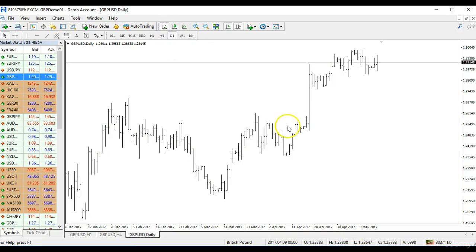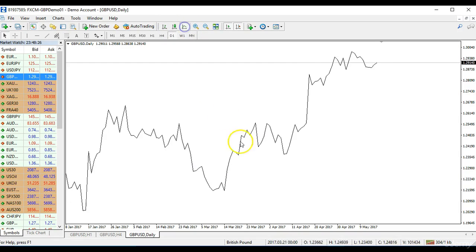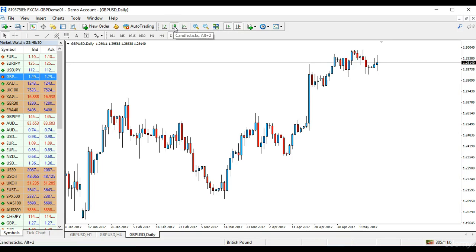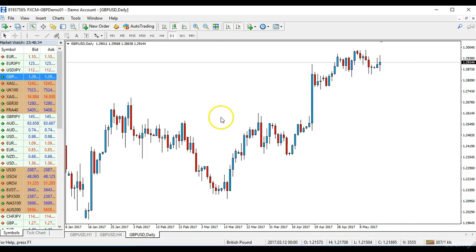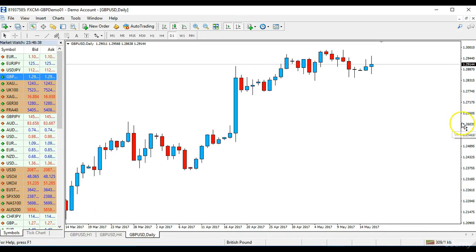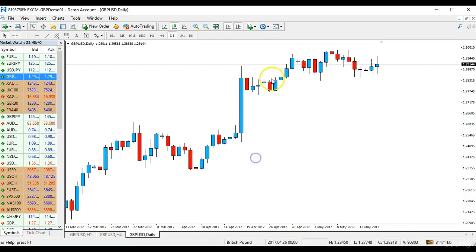That gives you bars. You can click this, which gives you a line, and you can click this, which gives you candlesticks. I use candlesticks because I find they are the easiest and most efficient way to understand what's going on in the market.